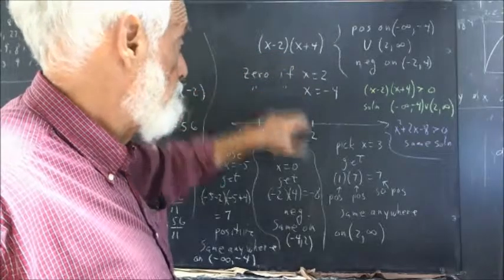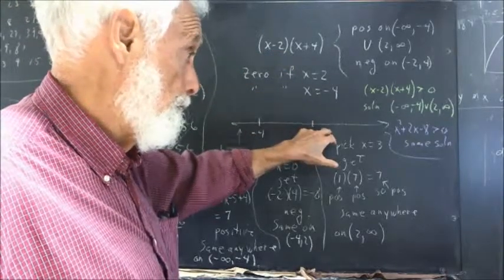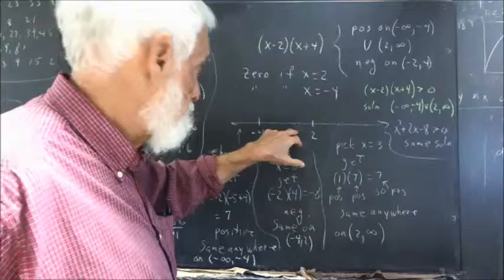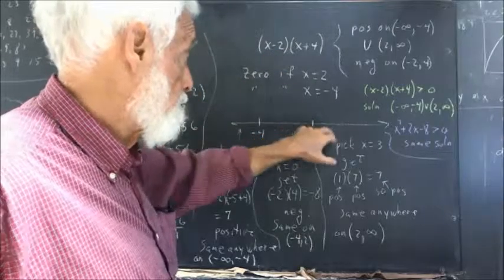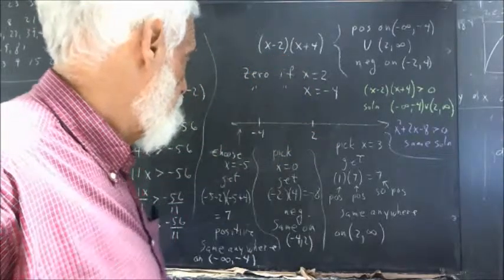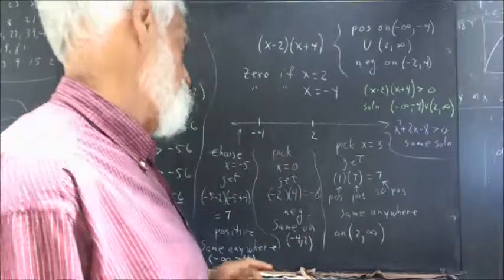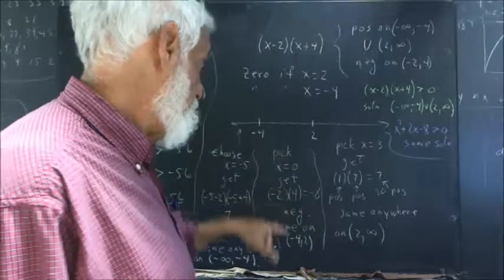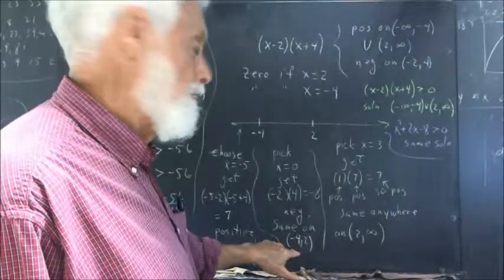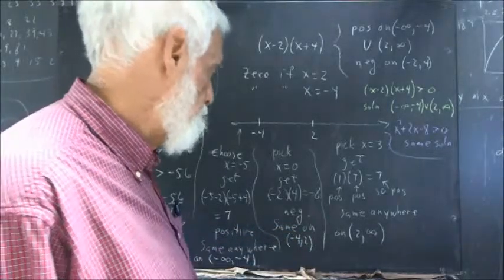And x minus 2 will change its sign as you move across 2. If x is less than 2, that's negative. If x is greater than 2, it's positive. Whether you completely understand that or not, it's something you want to think about. We conclude that we're going to get the same result anywhere between negative 4 and 2.